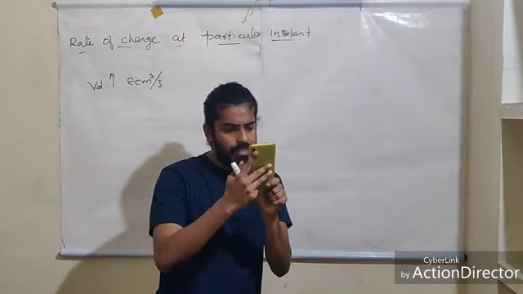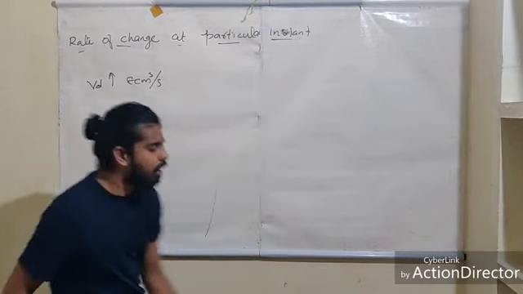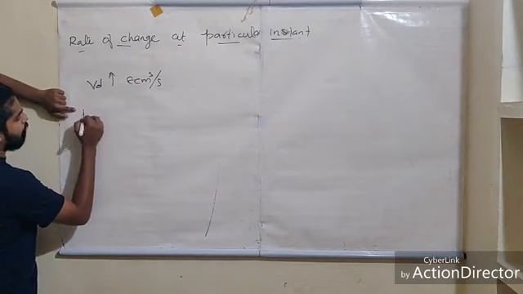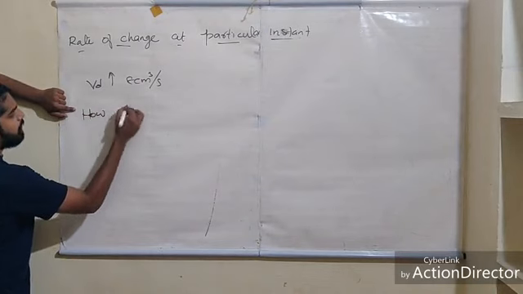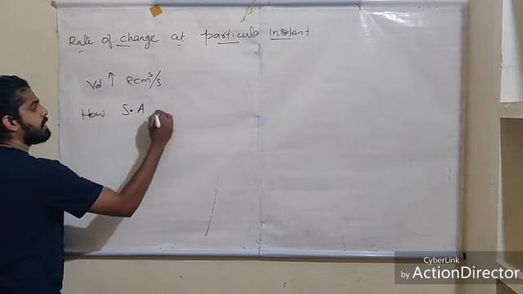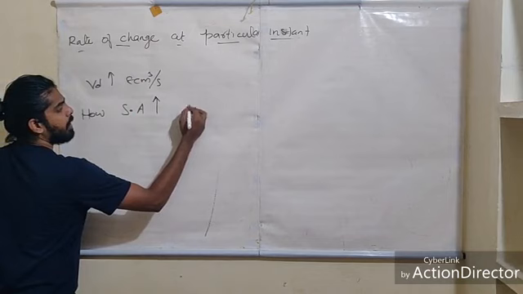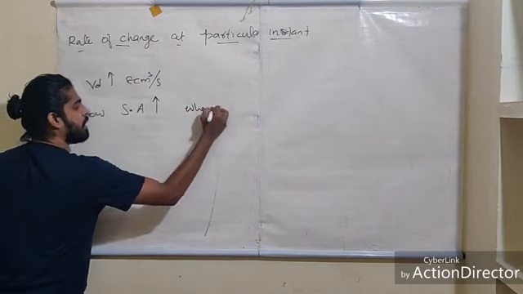How fast is the surface area increasing when edge length is 12? Let SA stand for surface area.